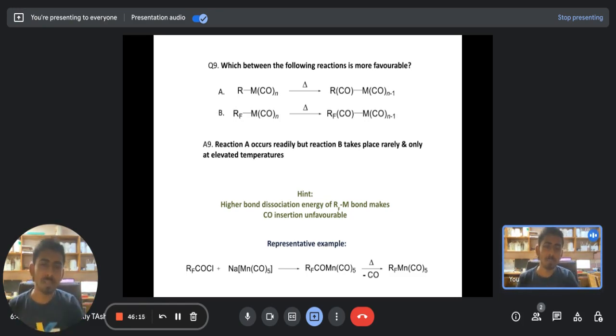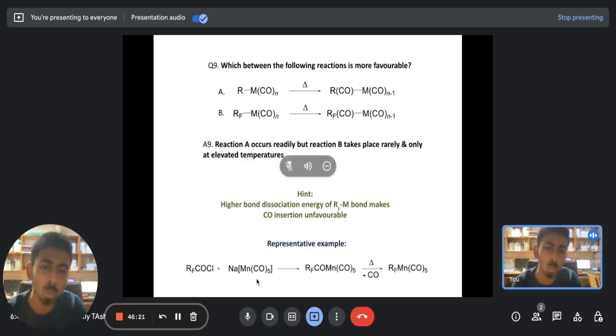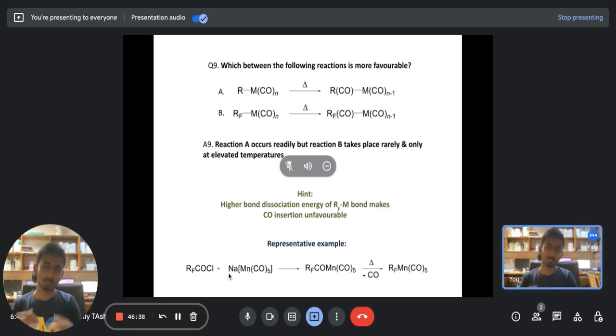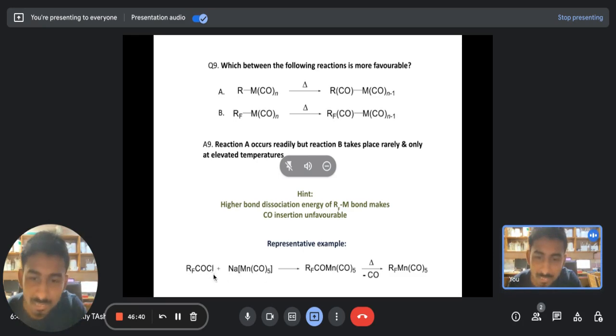So this molecule is quite reluctant to get its bond broken, and the CO will not get inserted. One of the representative examples of this concept is when we are treating the compound NaMn(CO)5 with RFCOCl. RFCOCl is nothing but CF3COCl, where RF is the trifluoromethyl group. So CF3COCl is treated with NaMn(CO)5. Now Na is positive in nature, so it will abstract the Cl minus.